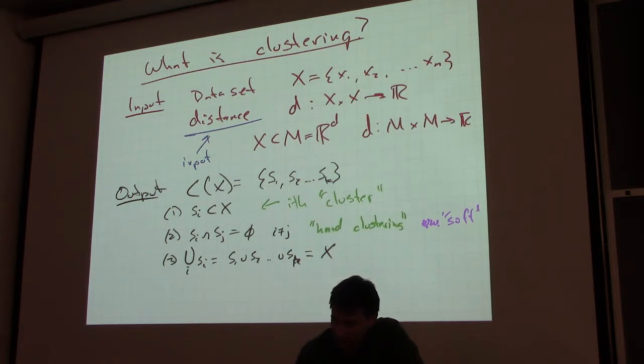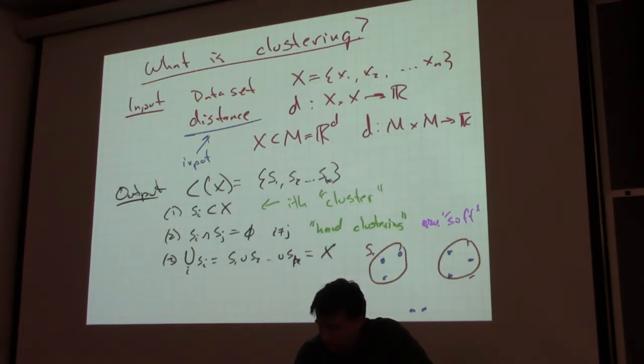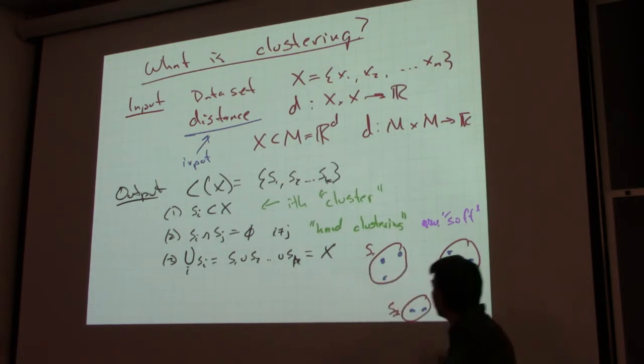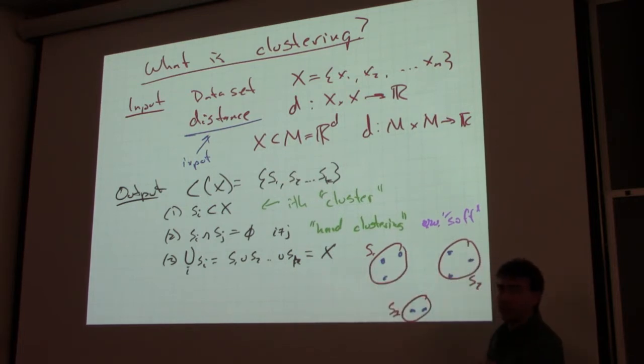Okay, so let's draw a little picture here. You'll see pictures that look kind of like this. Maybe this is my input data set, and this is S1, this is S2, and this is S3. These are my 3 clusters. They don't intersect with each other, right?